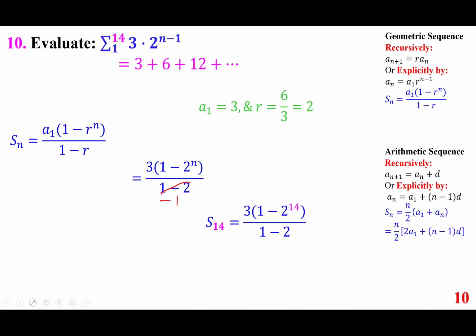Again, as I mentioned, the denominator is just negative 1. So you have to raise 2 to the power of 14, subtract it from 1, which becomes negative, times 3, and then negated again becomes positive. At this point, you can use a calculator: 49,149. So we use the formula, obviously. And that's the final answer.